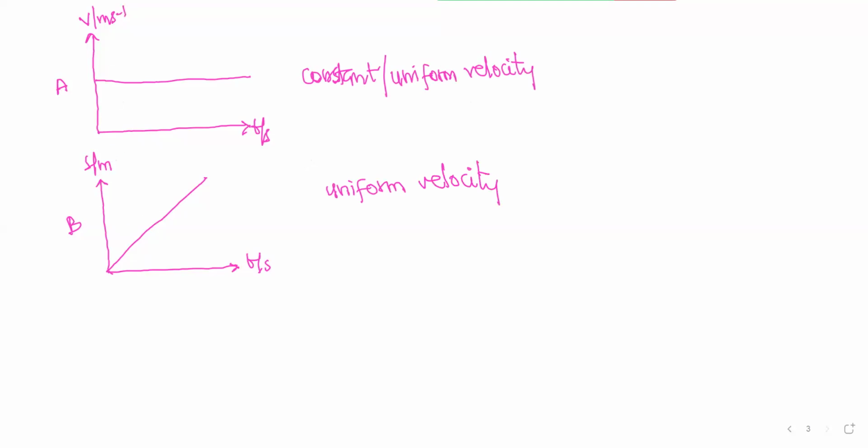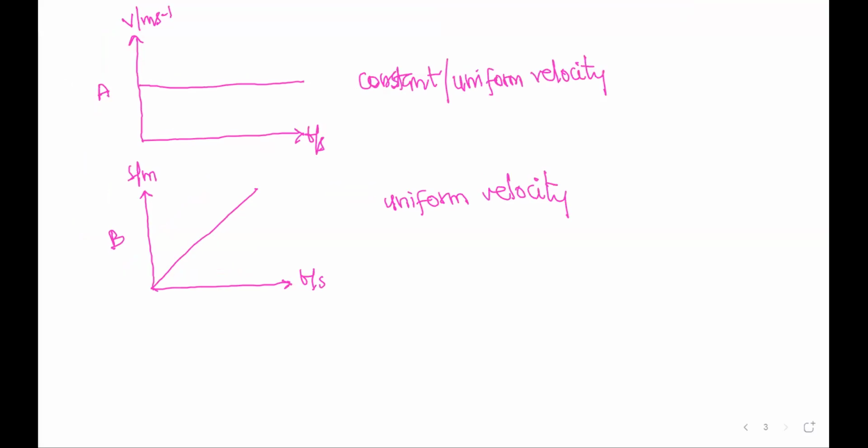This is a velocity time graph, and in a velocity time graph, when the slope is 0, it means acceleration is 0. The body is moving with a constant speed or velocity. Then this is also a displacement time graph, and in a displacement time graph, when the motion is inclined at a straight line, it is a uniform kind of velocity. So the two graphs are the same. They all depict constant or uniform velocities.